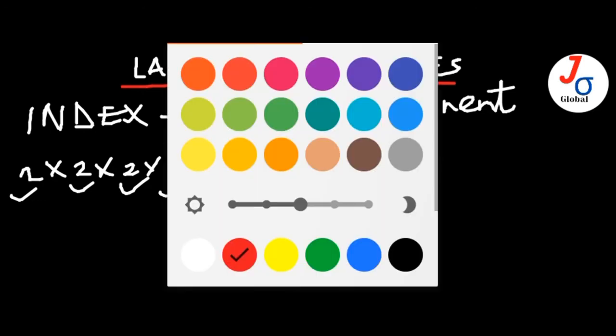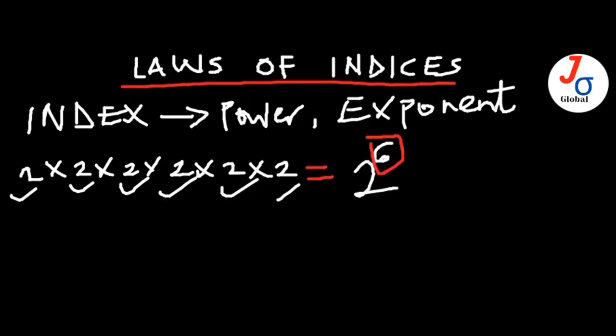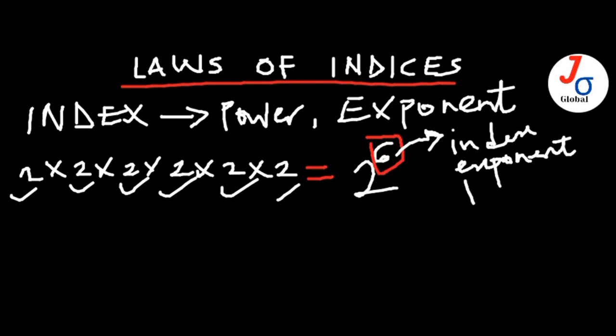This 6 that I wrote here is called the index, or sometimes some textbooks call that the exponent. Some textbooks also call that the power, raised to the power of 6.